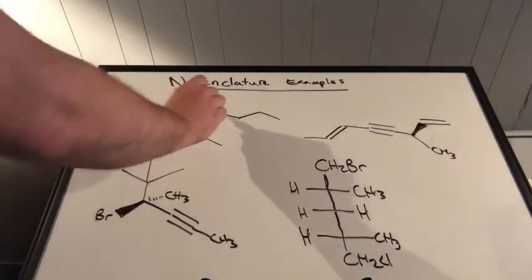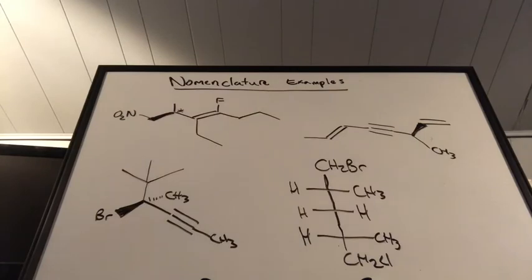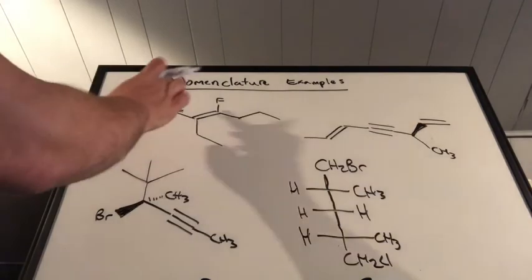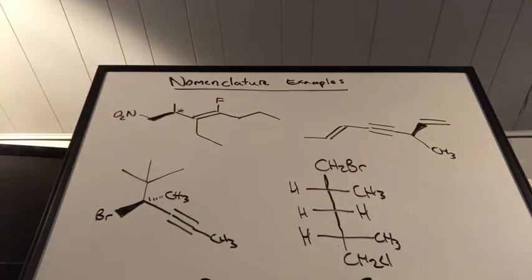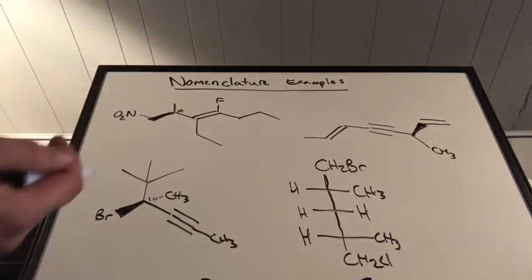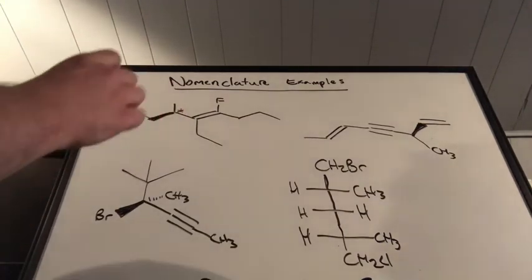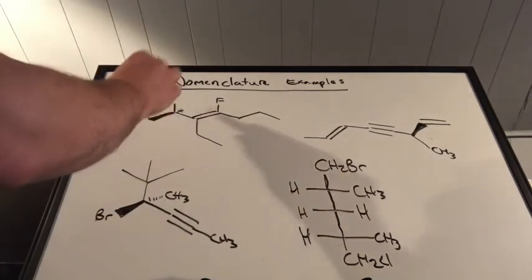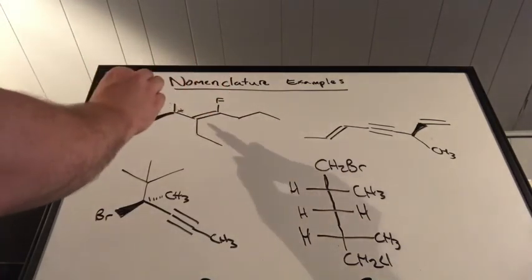Then we have an alkene that's tetrasubstituted with all different substituents about it. So in other words, we can't ignore the stereochemistry of either of these parts of the molecule. Okay, so let's try to count the largest carbon count.